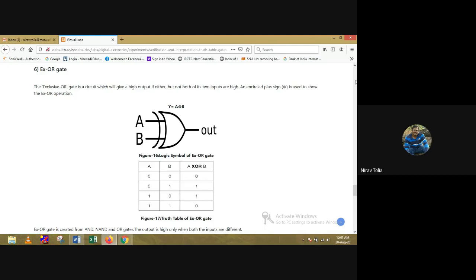You can see the symbol of the exclusive OR gate, and also the equation, which is Y equals A circled plus B, or you can simplify the equation. My equation of the exclusive OR gate is A bar B plus A B bar.